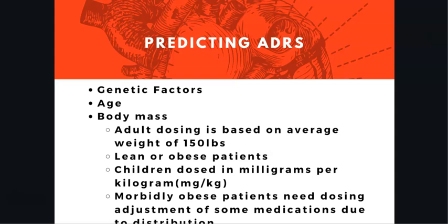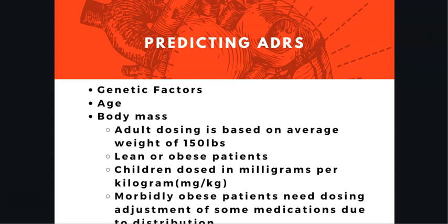So, when you're prescribing a drug, the average drug dose is calculated based on using an average weight of 150 pounds. So we never really think about that. So any kind of drug, the average dosing is based on an average weight of 150 pounds. Children are dosed in milligrams per kilogram, which you guys all probably already know.